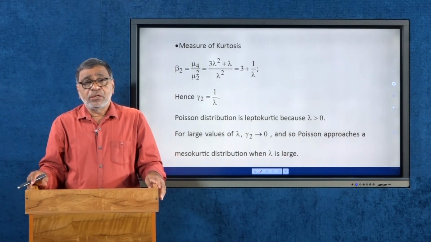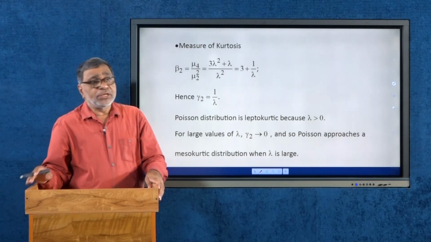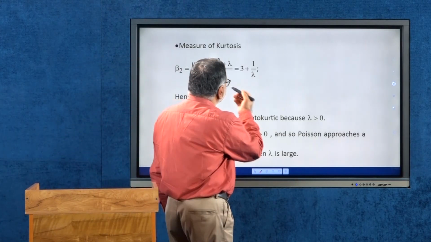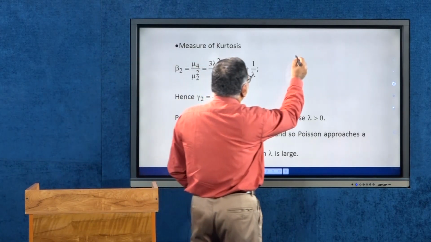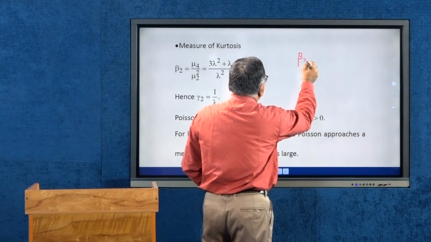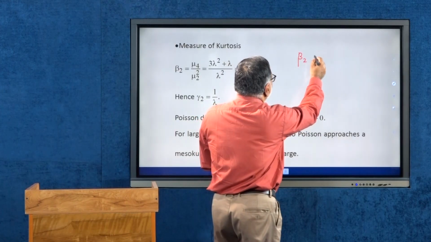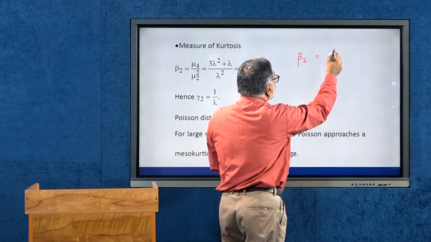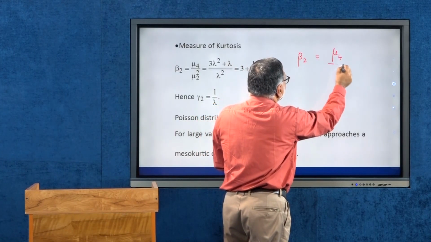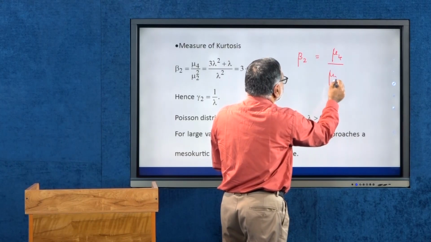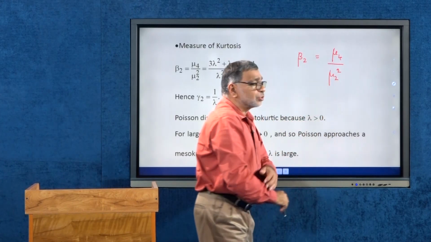The definition is beta 2 is given by mu 4 divided by mu 2 square. If you know the fourth central moment and the second central moment, you can calculate the value of beta 2 as mu 4 divided by mu 2 square.